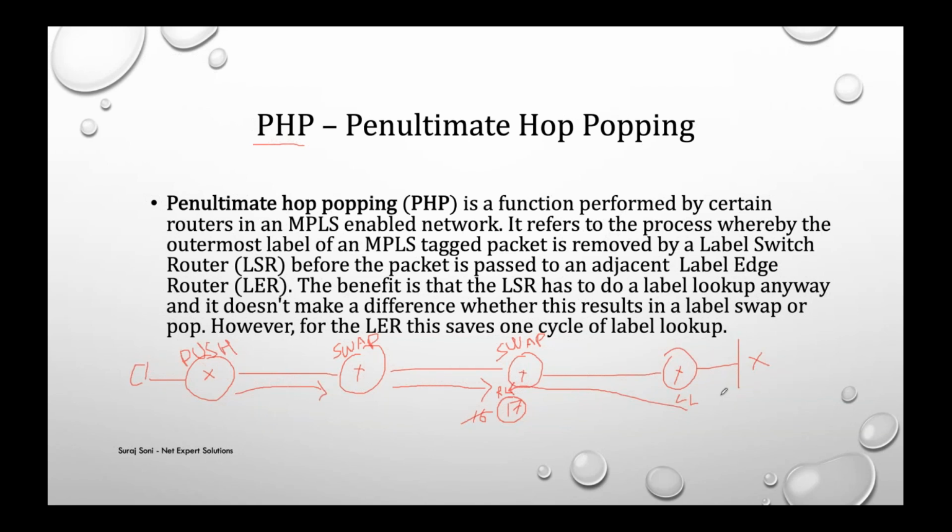As it knows that this is my directly connected prefix, why should I allocate a label for it? So instead of assigning the entire label, this router will send the label value of 3.